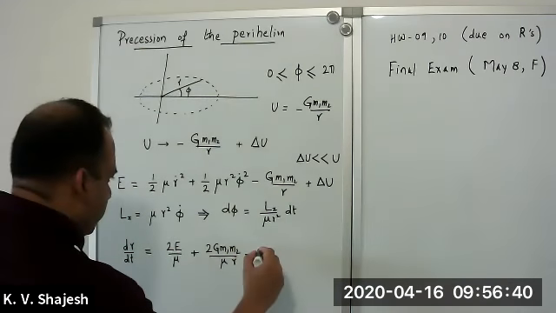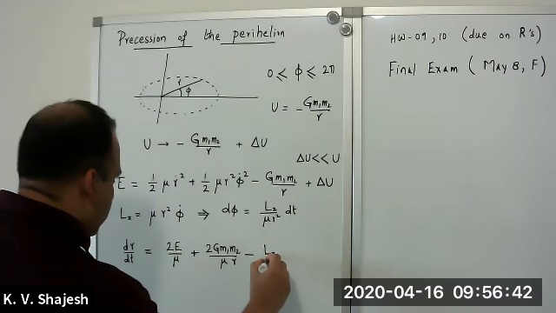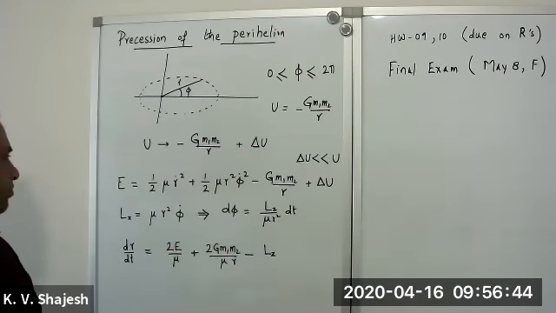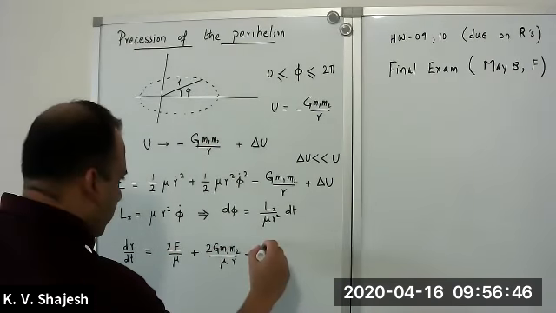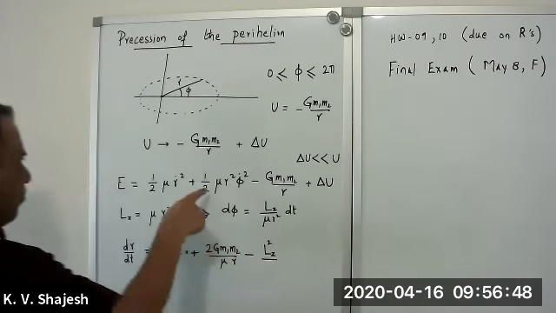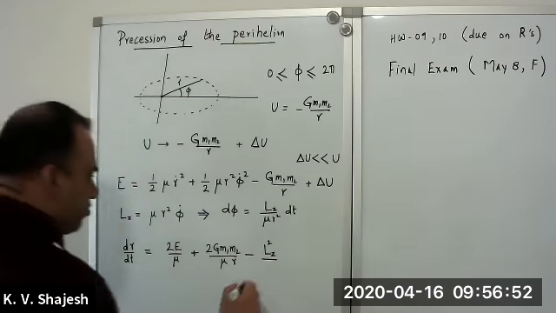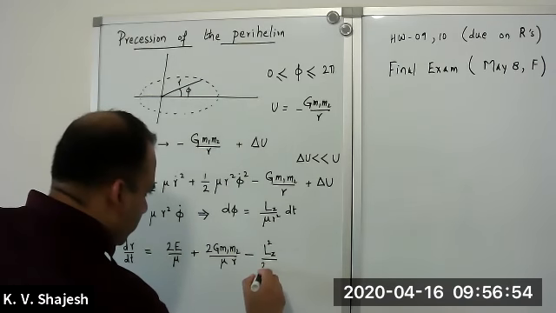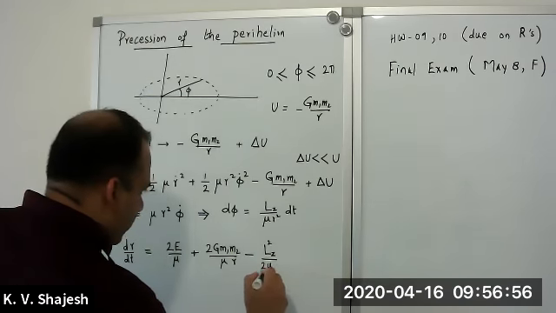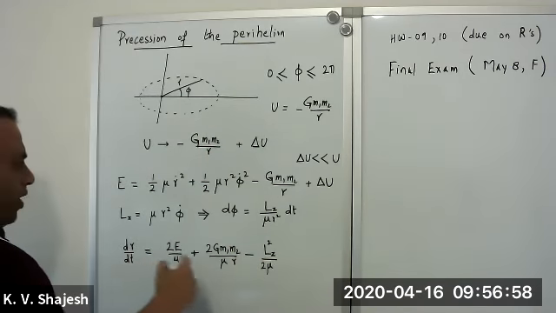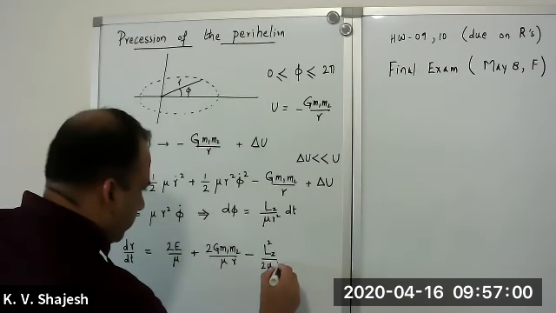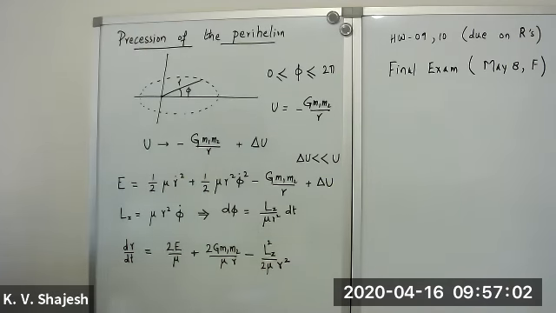So it is Lz square, divided by, well, there's a mu in the numerator and 2 mu's in the denominator, so that's 2 mu. And then there is r square in the denominator, right? So that's this term here.